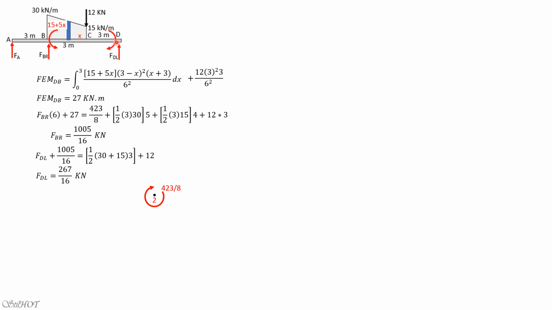At node 4, we have clockwise fixed end moment 27. By the way, we have FDBR here, which is because this is fixed end force upward, the nodal force is downward. And that is FDR, 1005 over 16.